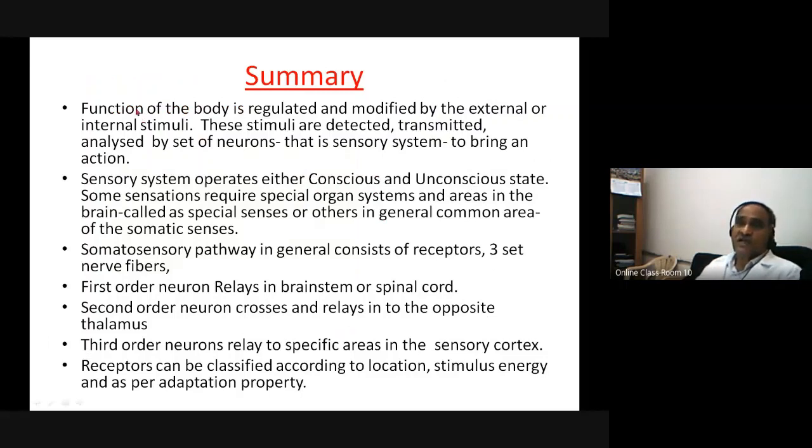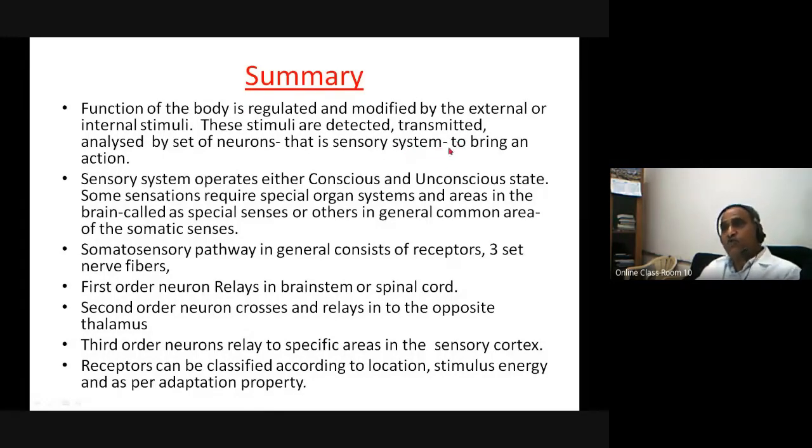In summary, functions of the body are regulated and modified by external and internal stimuli. These stimuli are detected, transmitted, and analyzed by a set of neurons, and these neurons constitute what is called the sensory system.